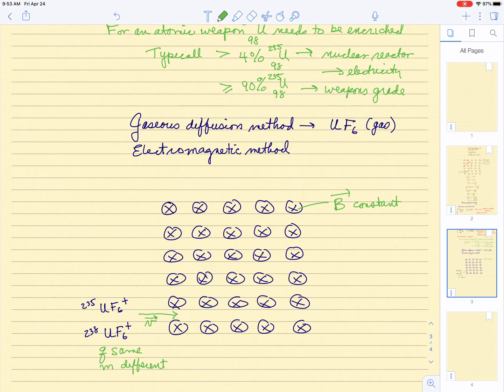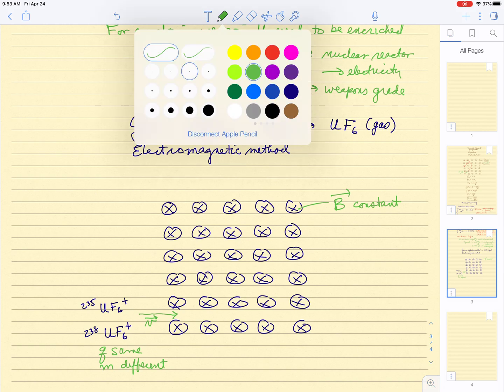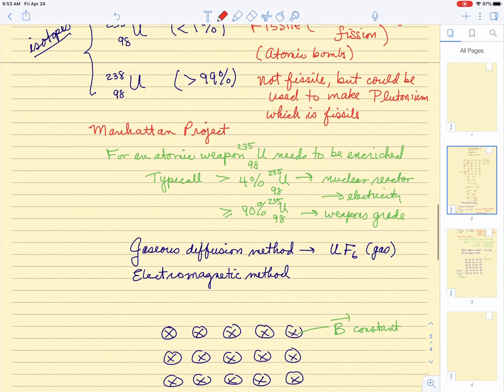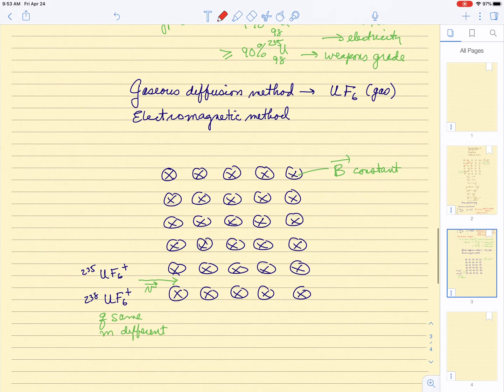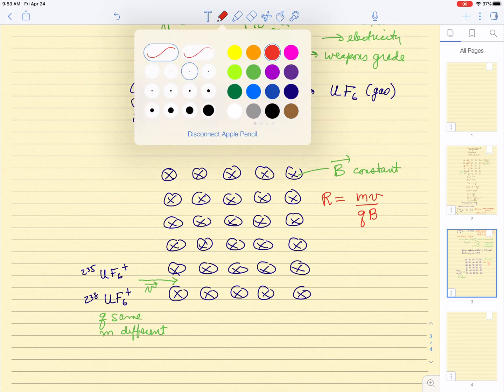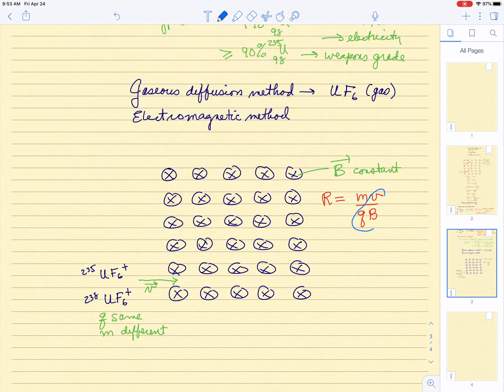So what happens here, if you recall from the equation above, is R is equal to mv over qB. All of these are constant, so v, q, and B are the same for each isotope. And so the radius is going to be directly proportional to the mass.